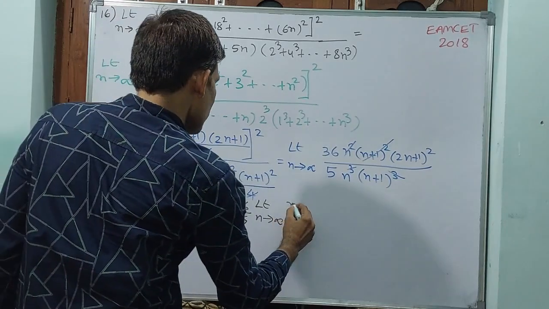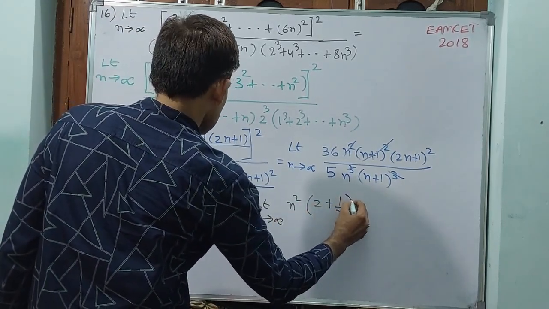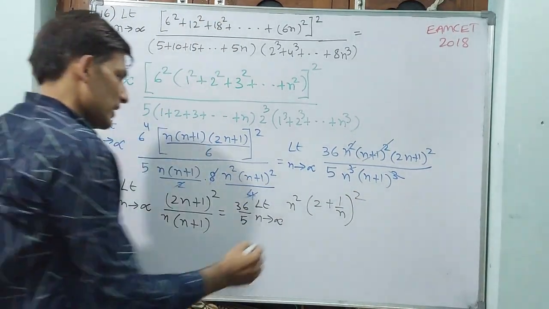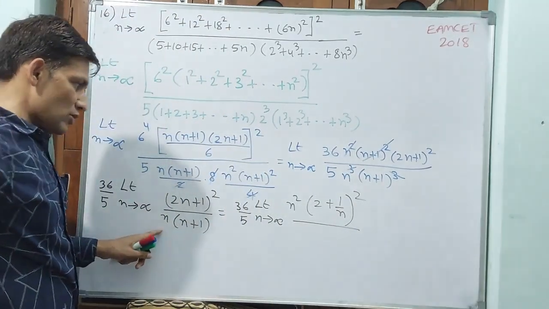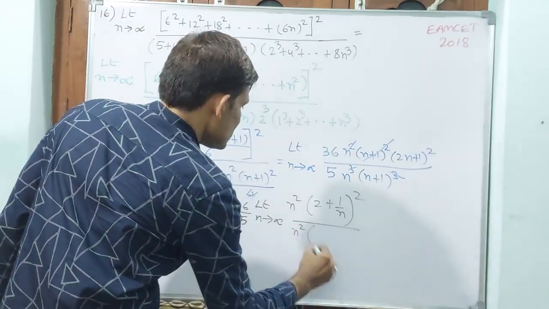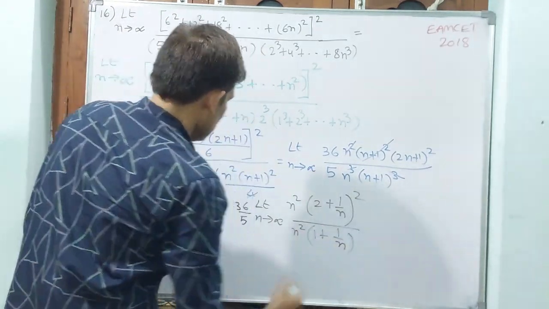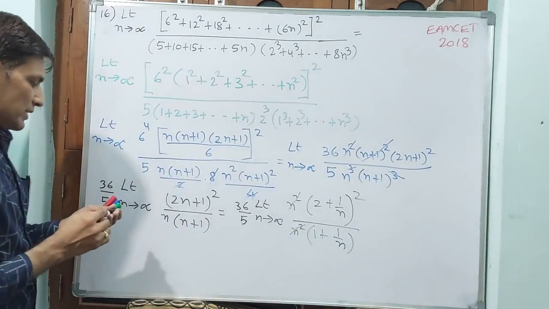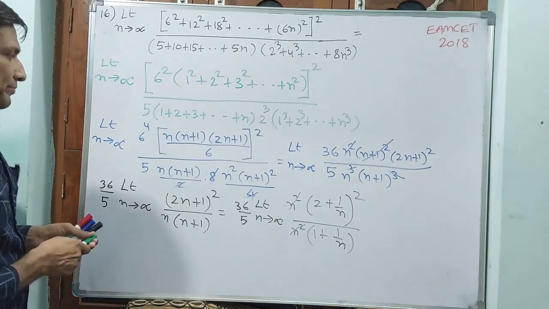N square, if you take common, 2 plus 1 by n whole square in the numerator. Denominator also n square, if you take common, 1 plus 1 by n. Here square, here nothing is there. Now we cancel out these two.